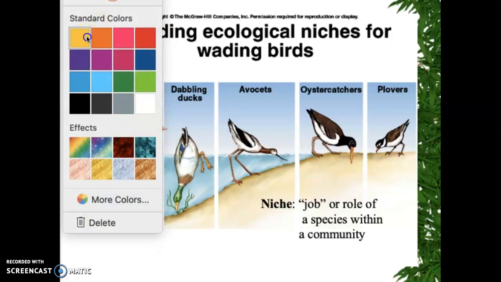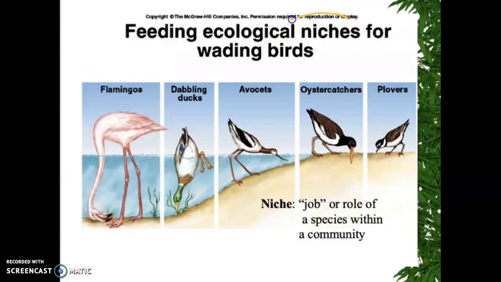Are you an omnivore, herbivore, carnivore, etc.? What is your niche? What is your job? So the ecological niche is what is the job or role a species plays in a community. What do you eat is really the thing we focus on.